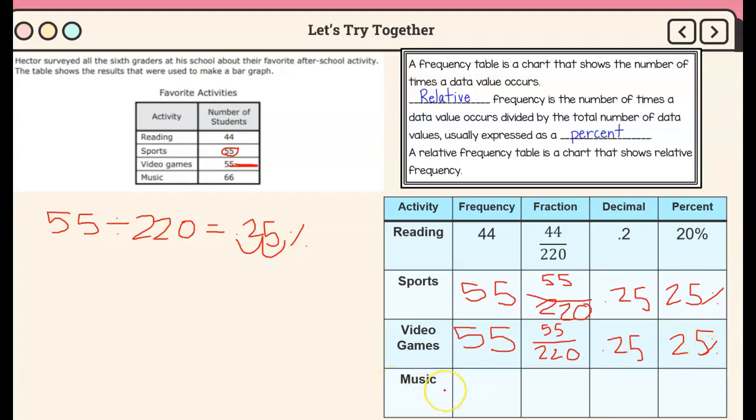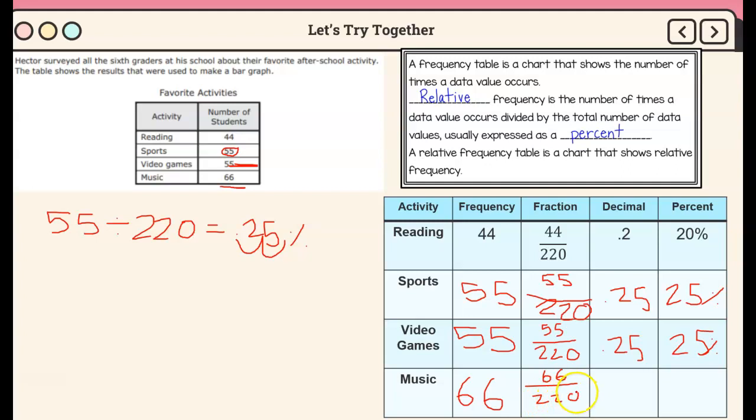And music. All right, what is my frequency for music? Well, it says 66 kids like music, so my frequency is 66. What's my fraction? It's going to be 66 over 220.